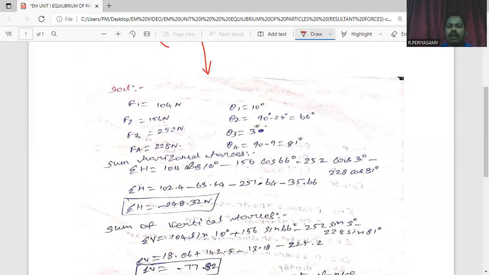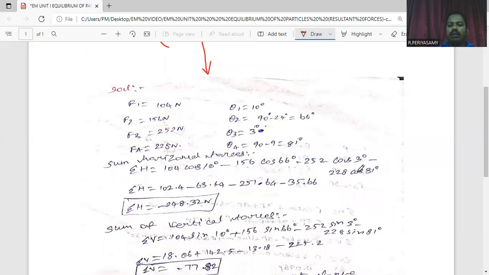Finally, we calculate all these values using a calculator. Cos 10 into 104, its value is 102.4. Cos 66 into 156, its value is 63.44. Next, cos 3 degree into 252, its value is 251.64.